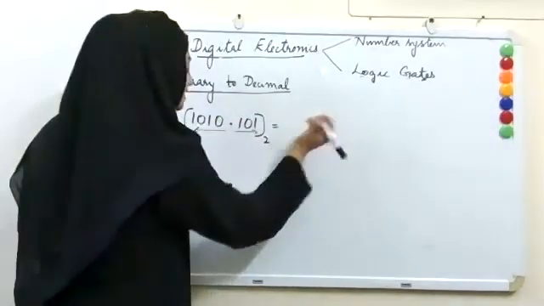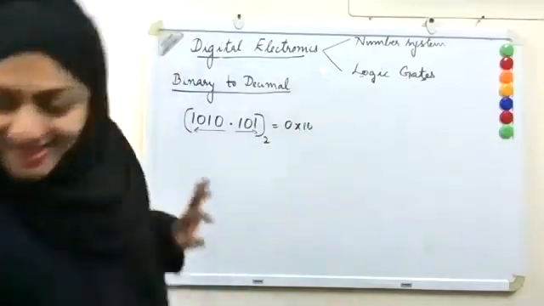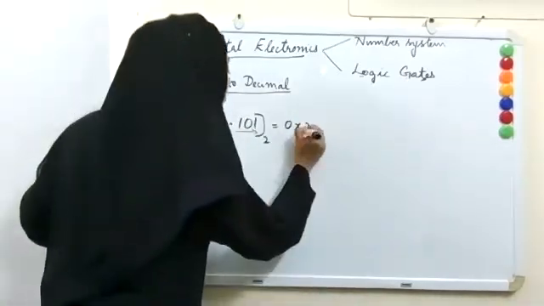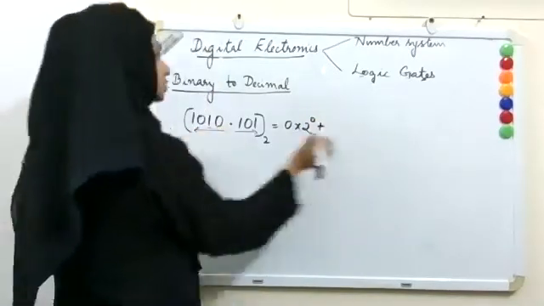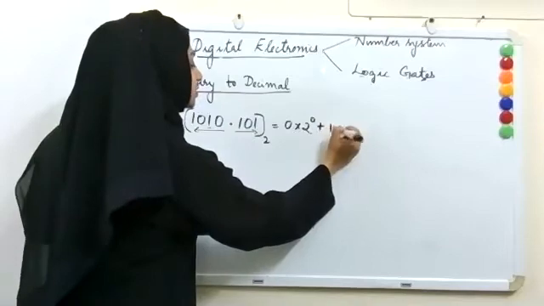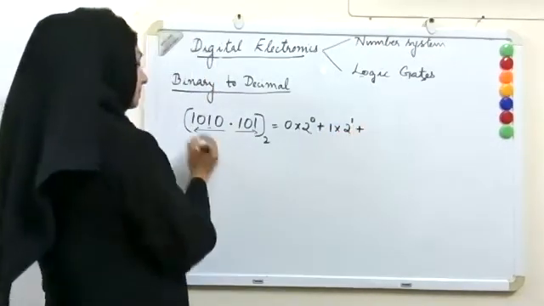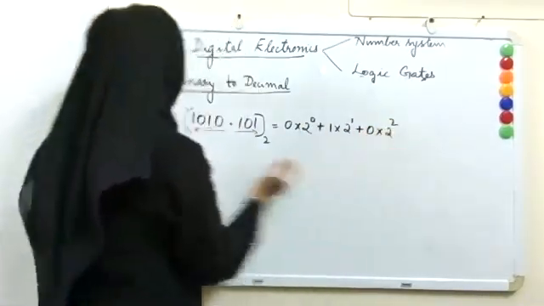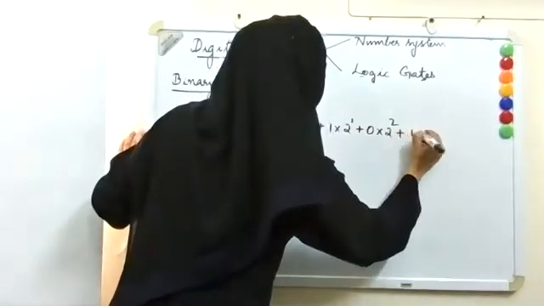Okay, start again. 0 times 2 raised to 0, plus 1 into 2 raised to 1, plus 0 into 2 raised to 2, plus 1 into 2 raised to 3.